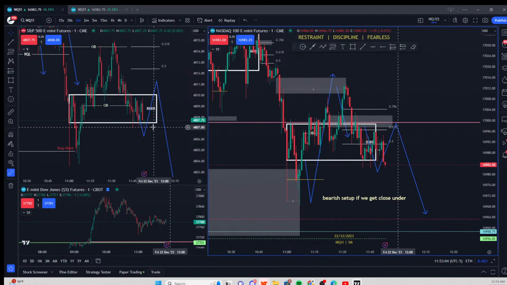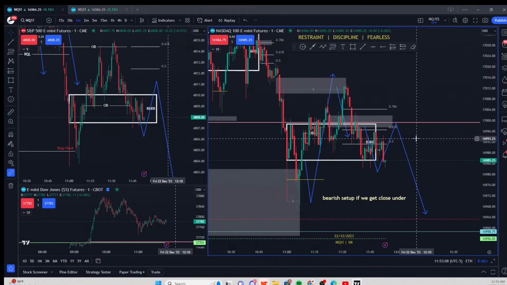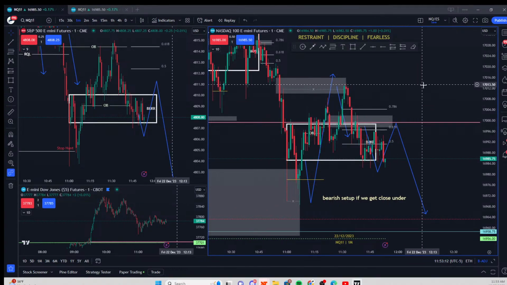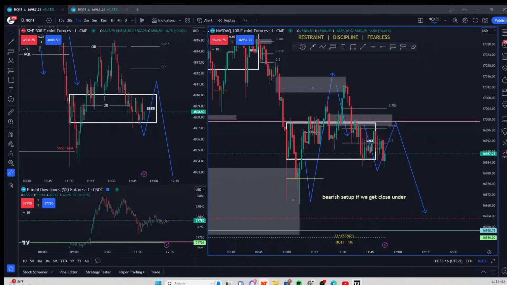It's really like we're about to violate this bullish breaker, which is good. Or not.